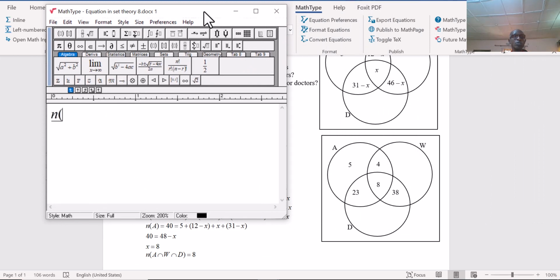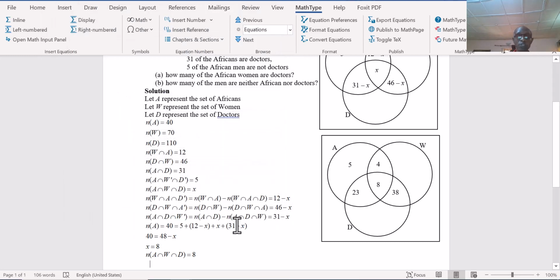So that would be W intersection A complement intersection D complement. Now if you look at this circle, that is this region. The number of women that we are given is 70.